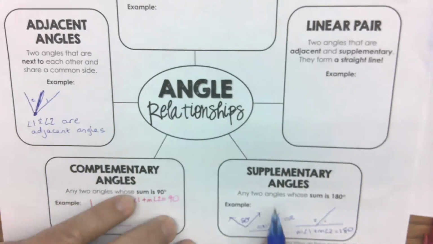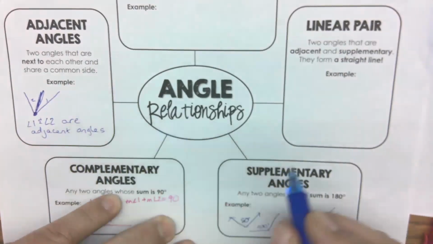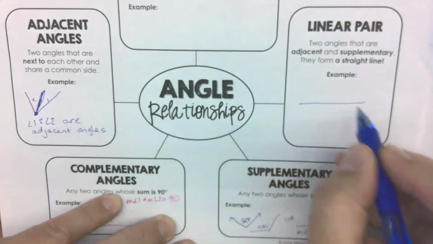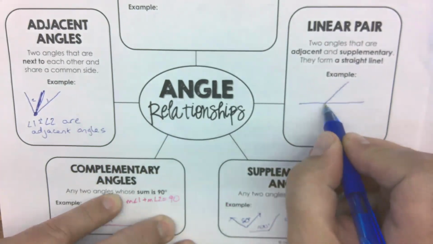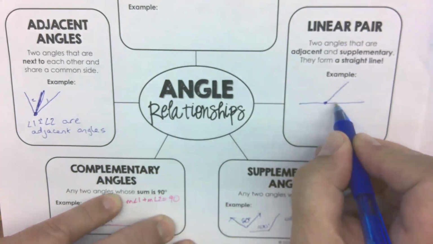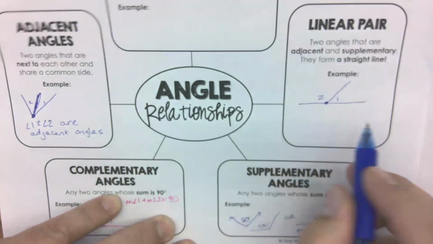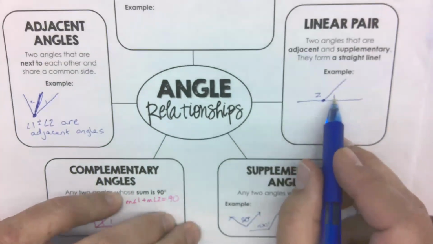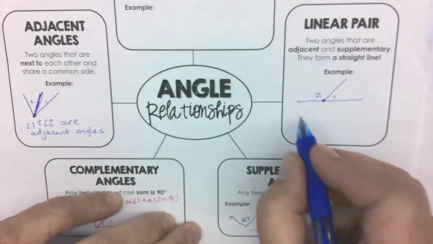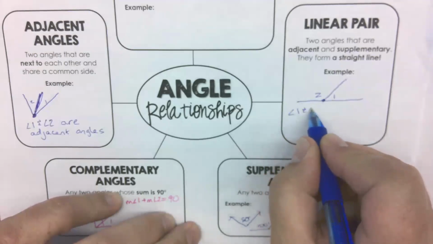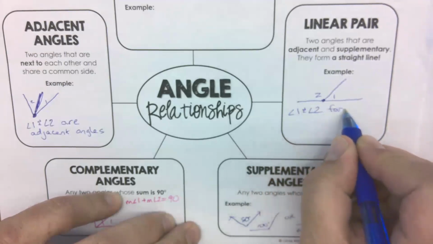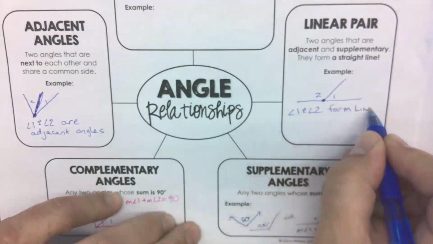If in fact it's the combination of supplementary and adjacent, what we're talking about is when I've got a straight line and then a point here that becomes the vertex. These 2 angles together, being adjacent, forming a straight line, tells us that angle 1 and angle 2 form a linear pair.